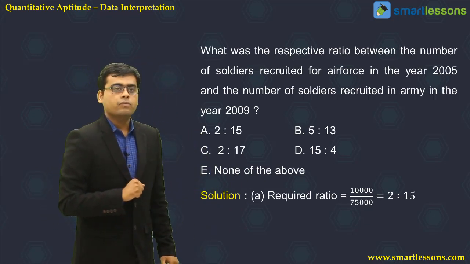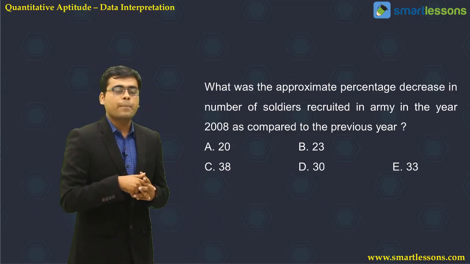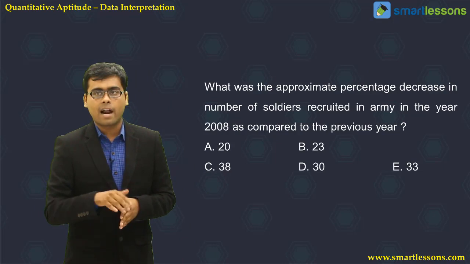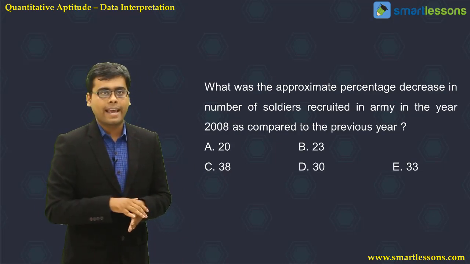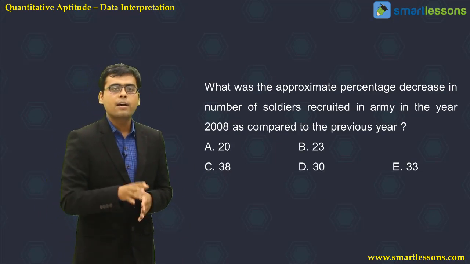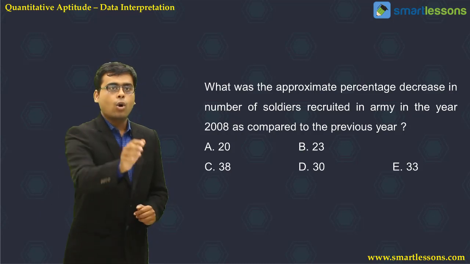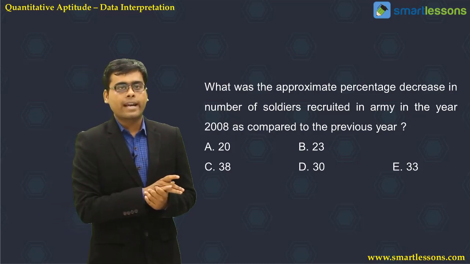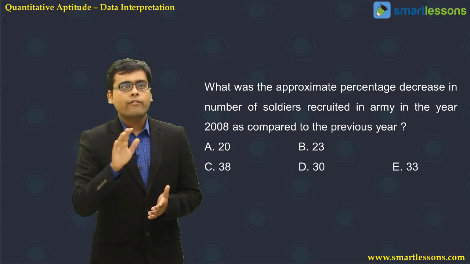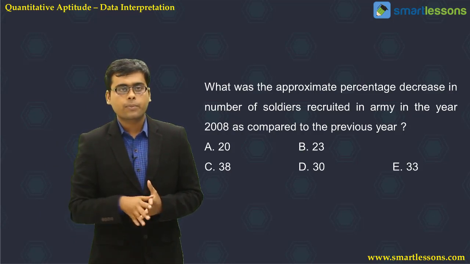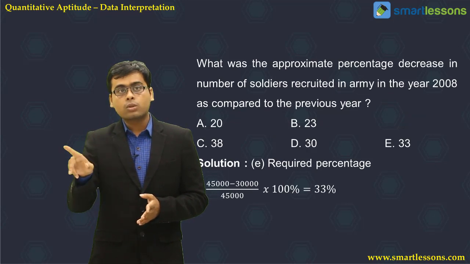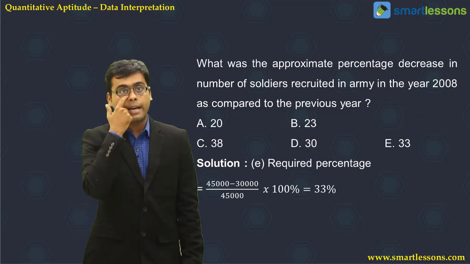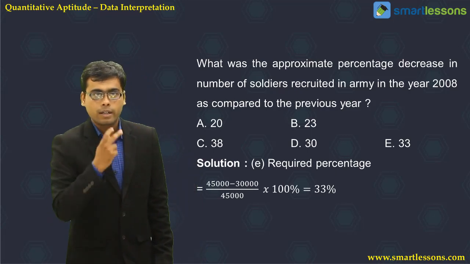Next, what was the approximate percentage decrease in number of soldiers recruited in army in the year 2008 as compared to the previous year? So, in the year 2008, army recruited 45,000 soldiers, and in the previous year, 2007, army recruited 30,000 soldiers.